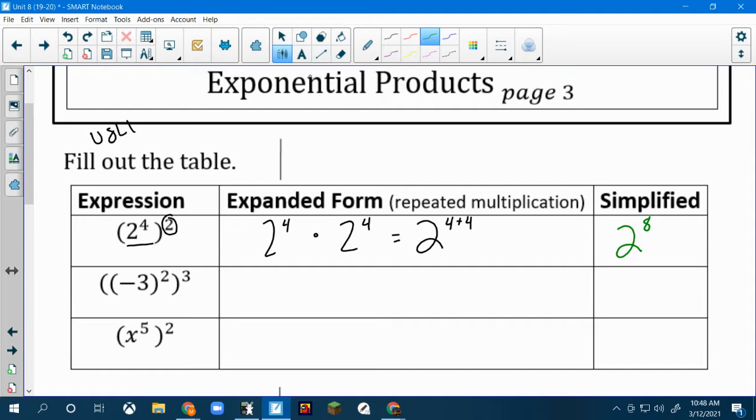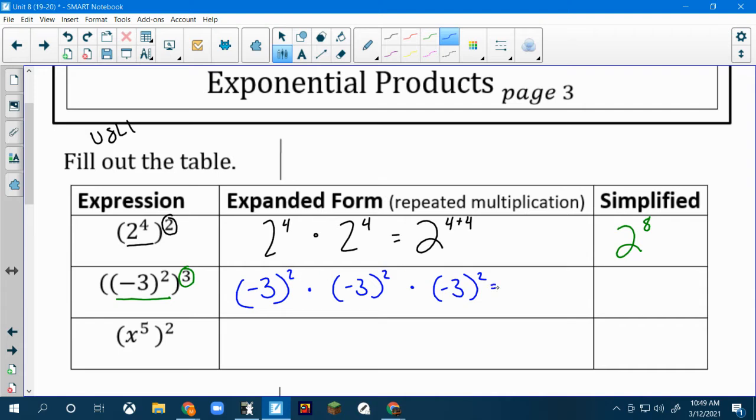Now we got a weird one. Okay, we got -3 squared to the 3rd power. I know we have a lot of these parentheses here. That's a little scary, but the only thing that's happening is we're taking the -3 squared 3 times. So we're going to do -3 squared times -3 squared times -3 squared.